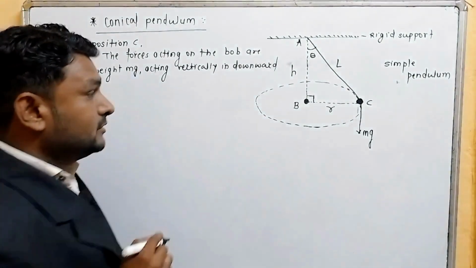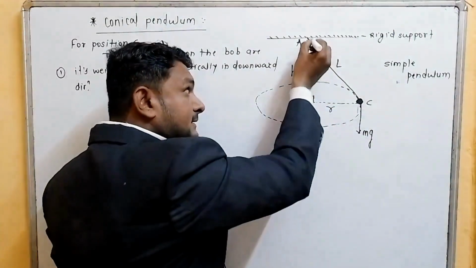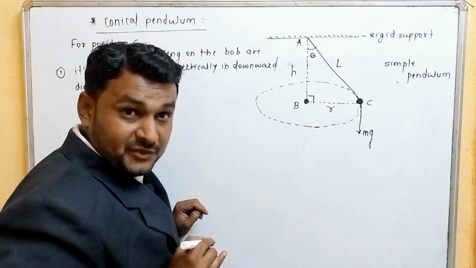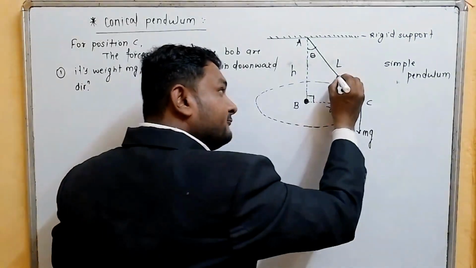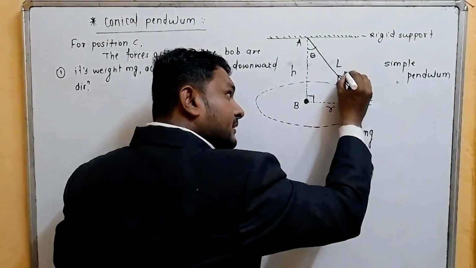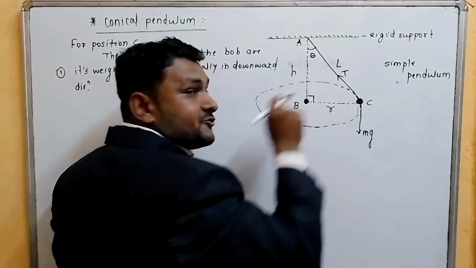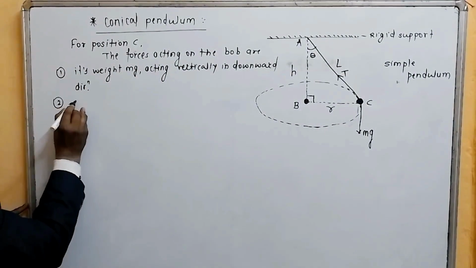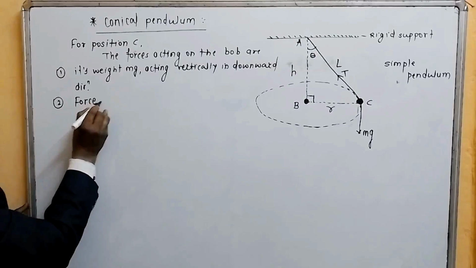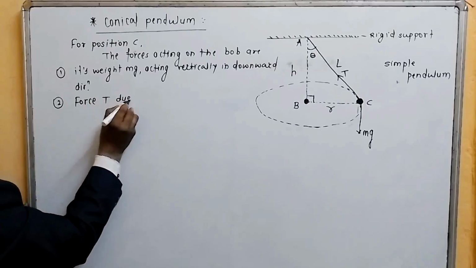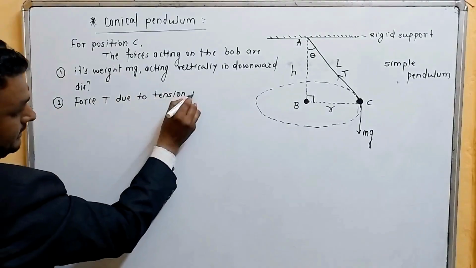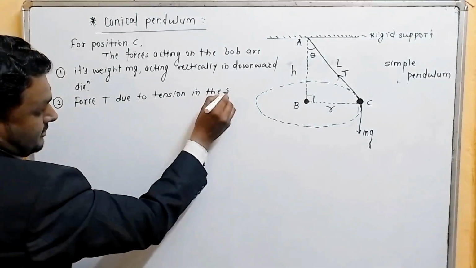Now the second force. Already you know that this string is in tension, isn't it? Therefore, the force tension T is acting along the string. So the second force is force T due to tension in the string.